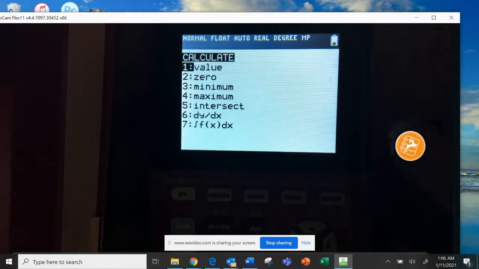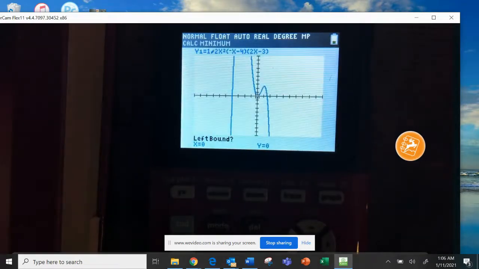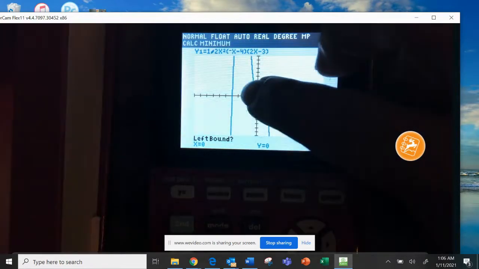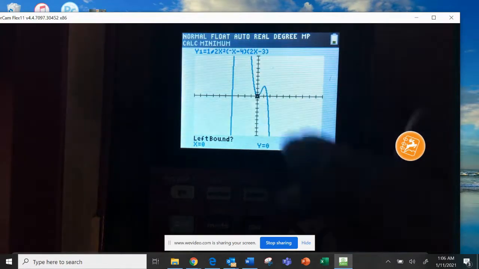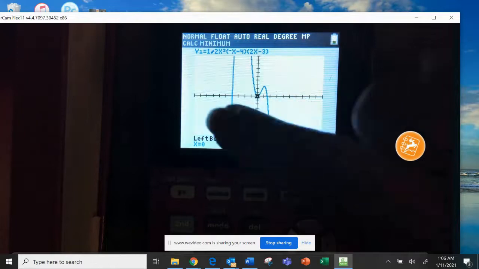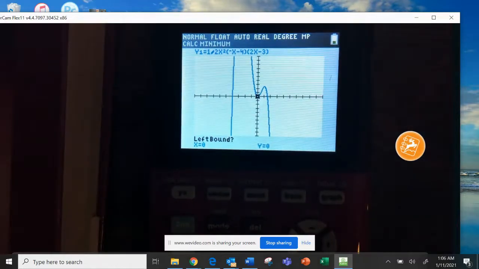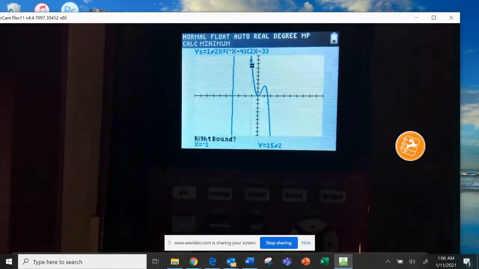So let me start with the middle one, which was a minimum, number 3. Then it says left boundary. We need to pick something to the left of this middle point, which I think is 0, 0. So to the left of it could be -1. I'm going to type in -1, enter.